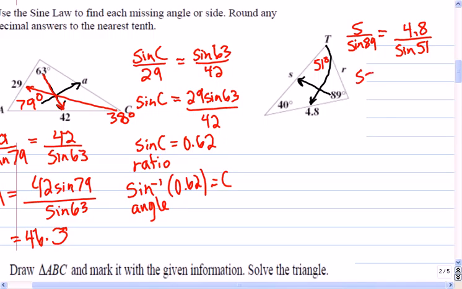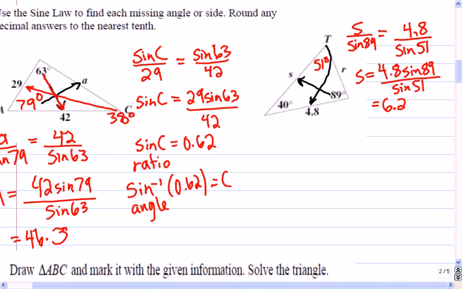If I rearrange that, let's see what we get for the length of s. So 4.8 times the sine of 89 divided by the sine of 51. So it's roughly 6.2.